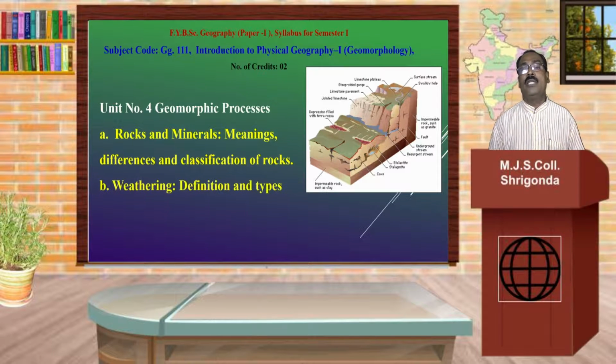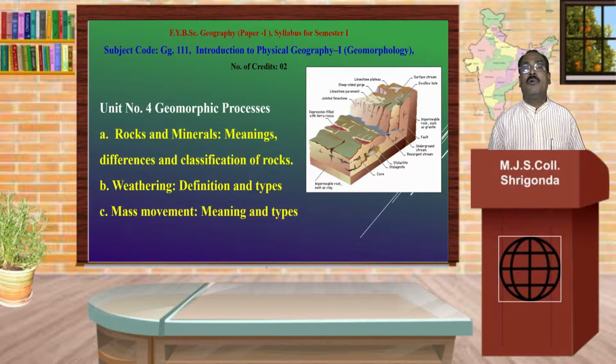Another is weathering. First of all the definition of weathering, and another is types of weathering: chemical weathering, biological weathering, physical weathering, etc. These points are covered in the second point.